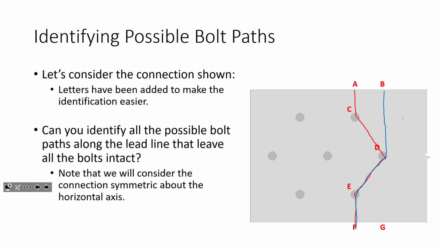Now, the only reason that they are the same path is because this is in fact a symmetric connection. There are cases where that isn't going to happen. In those instances, these would be treated separately. To be clear, they would be treated separately if you had different distances here than you did here. And there are instances where that could happen realistically. Specifically, I'm talking about angles where the stagger crosses the legs.